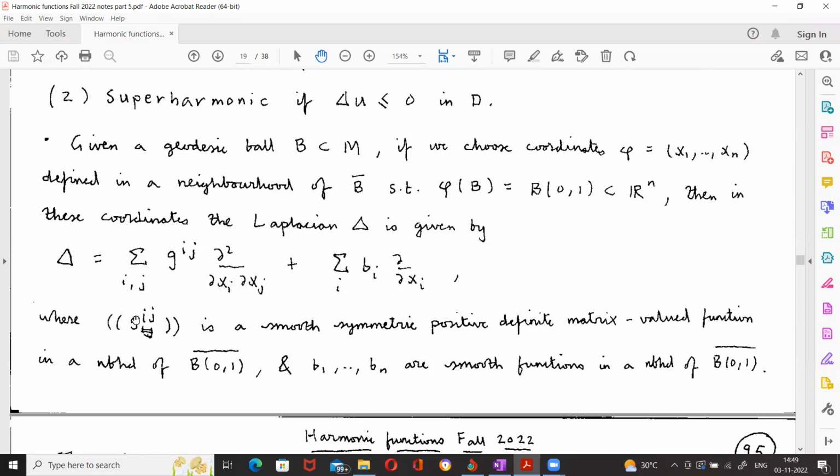So g upper ij is smooth, symmetric and positive definite in a neighborhood of the closed ball.